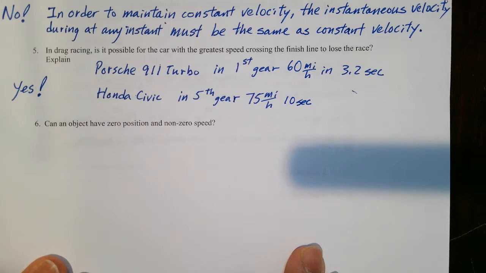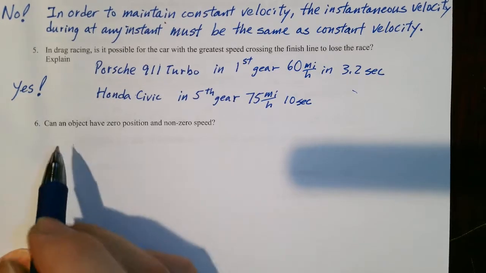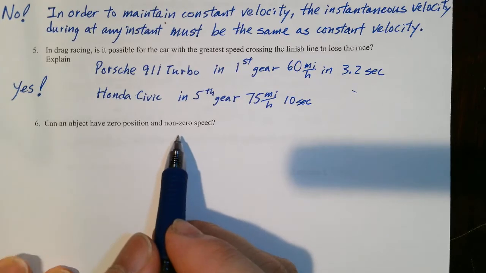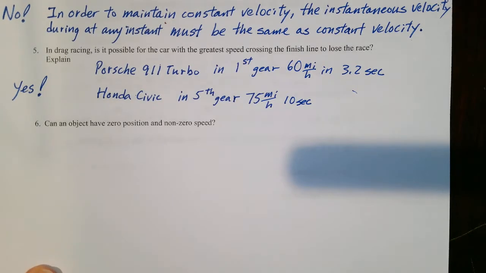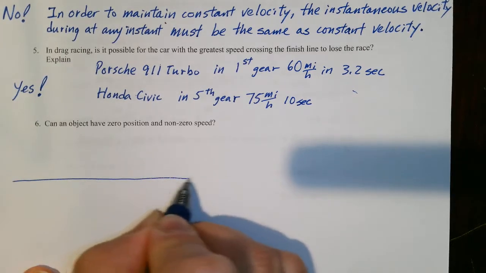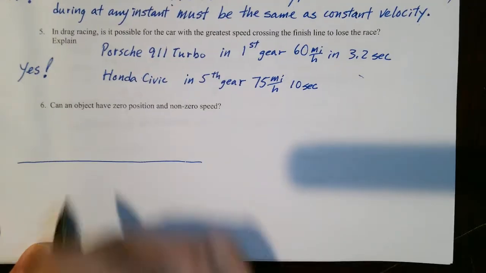Can an object have zero position and non-zero speed? So what does that mean? Can an object have zero position and non-zero speed? Well, here's the road.